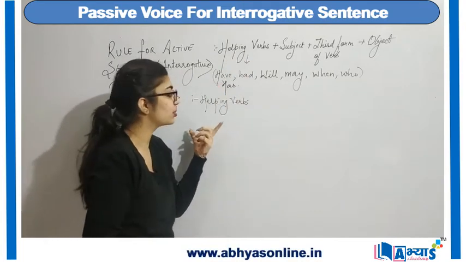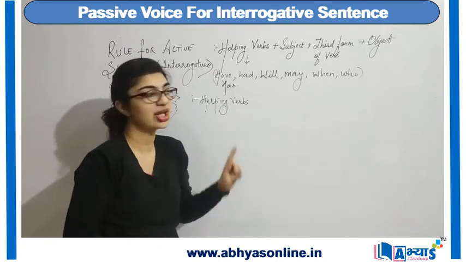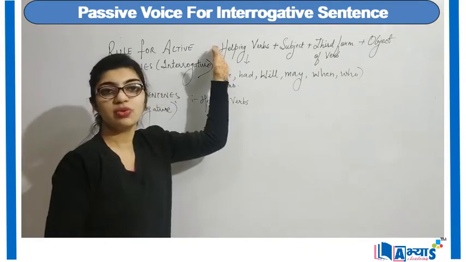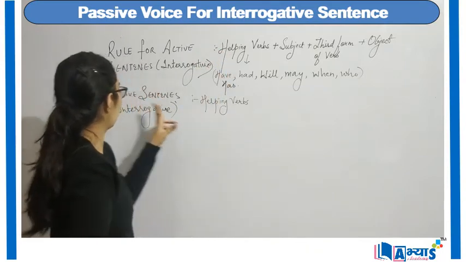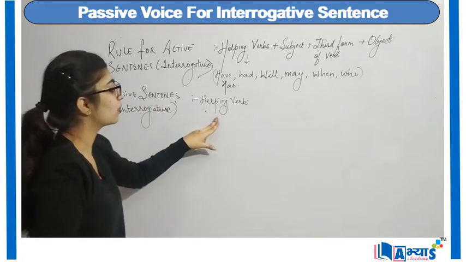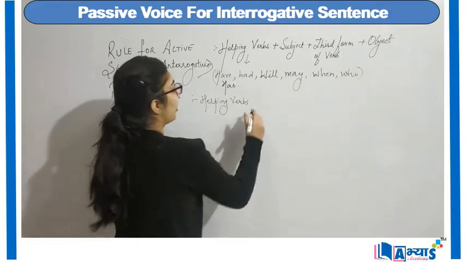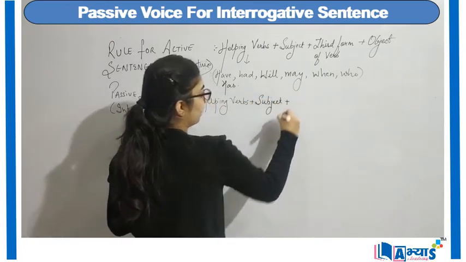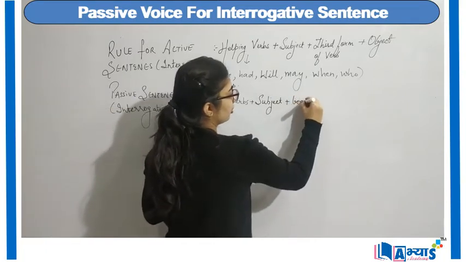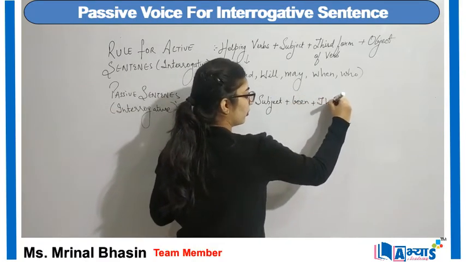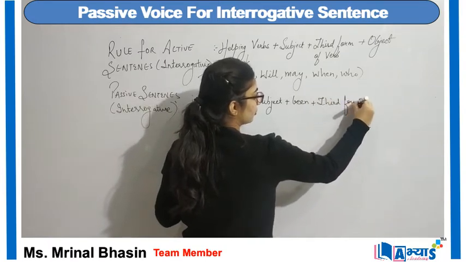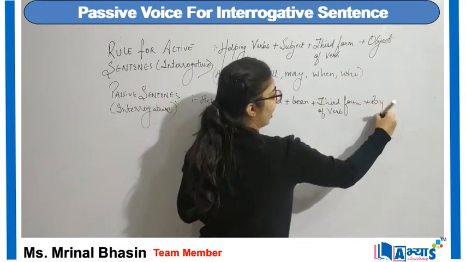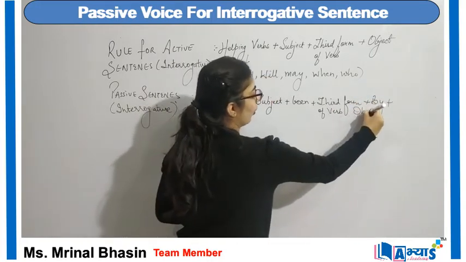Which means that the position of helping verbs will not change, either we are converting active to passive form or from passive to active. So here also in passive sentences, the sentence will begin with helping verb plus the subject plus been plus the third form of verb, followed by the object.